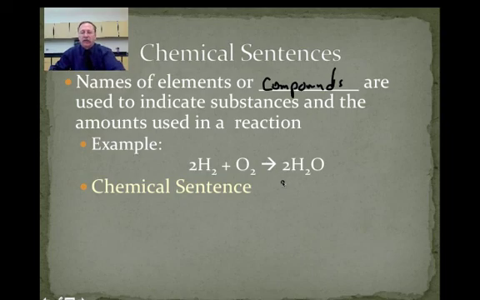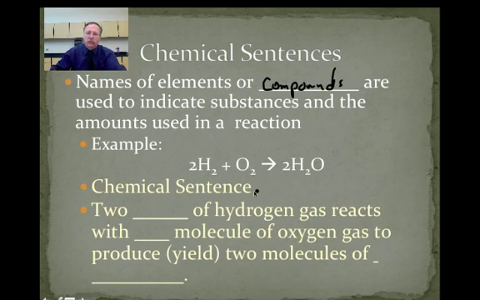In our chemical sentence, you notice there's a 2 here, and there's a 2 there, and then there are these little 2's here. We're going to talk about those real quick. This 2 right here, we're going to call molecules. We've been talking in moles, but today for the sake of argument we're going to call it a molecule.